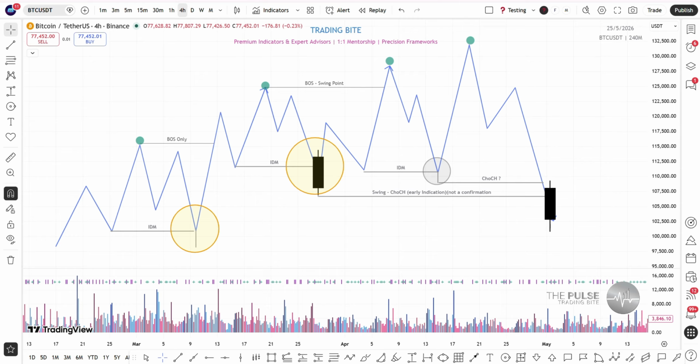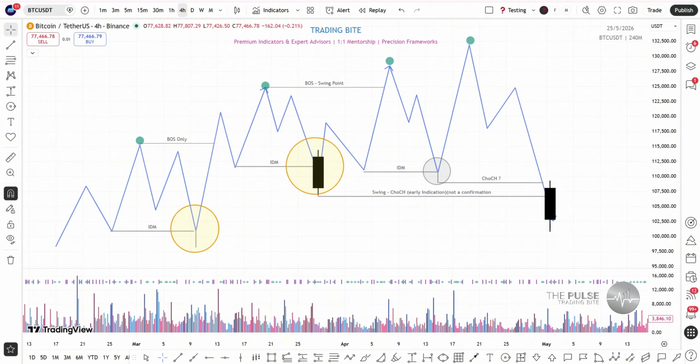So now the question is how we will know when there is going to be a confirmed reversal. Of course, this is a probability market. We cannot say 100% it will happen the way we are saying, but it all happens on probability. So this was the early indication, and now what would be the structure?